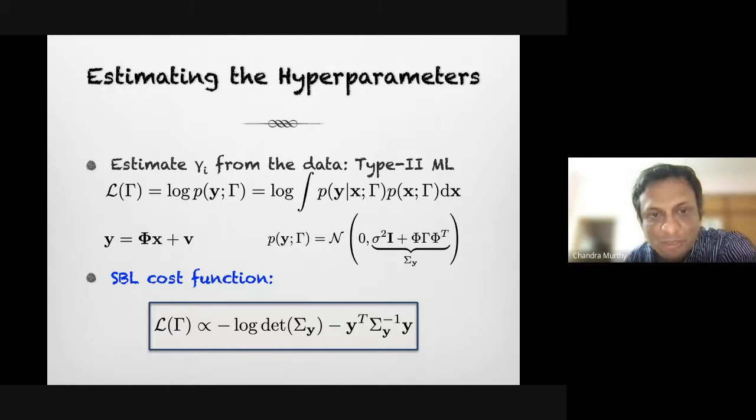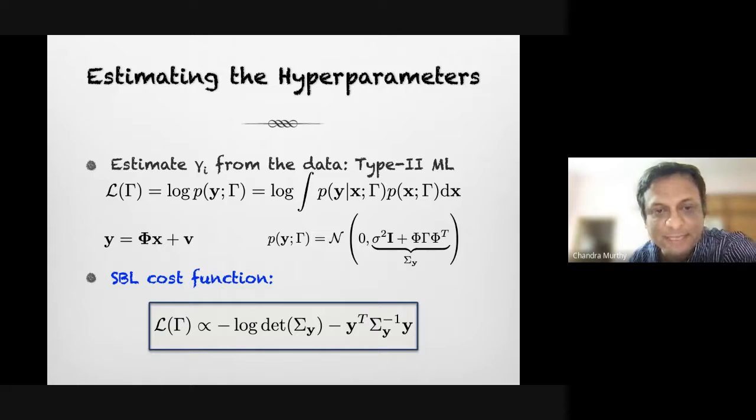And so when you're trying to find the maximum likelihood estimate of gamma from y, that is what is called type 2 maximum likelihood. And so what maximum likelihood estimation does is simply to try to maximize the PDF of y parameterized by gamma with respect to this parameter gamma.